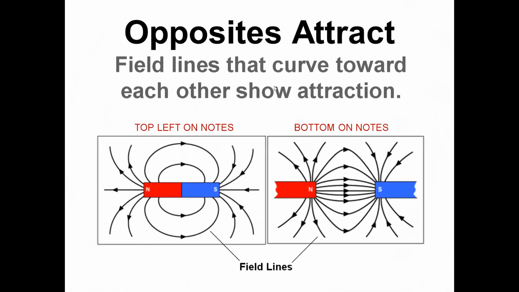Field lines that curve toward each other show attraction. Here now, if we have north and south, let's see how the curves will be. They come from north to south.